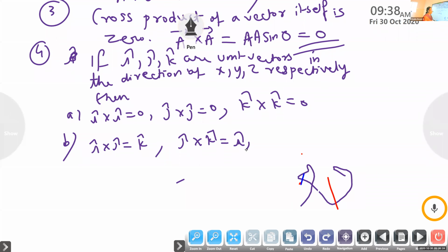That is why we have written in terms of the third vector. Okay, j cross k is i. Then next one, k cross i is equal to j. That is the second set.